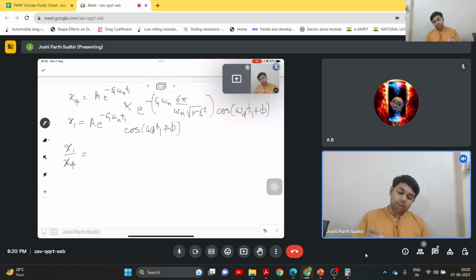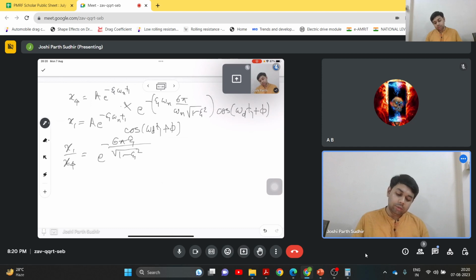The term cos of omega d t1 plus phi will also get cancelled. We will be left with e to the power, and omega n and omega n will also get cancelled. So we will get minus 6 pi zeta upon root of 1 minus zeta square.